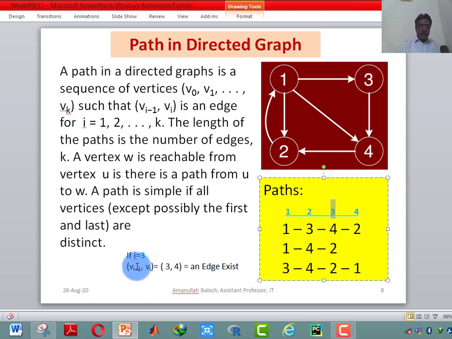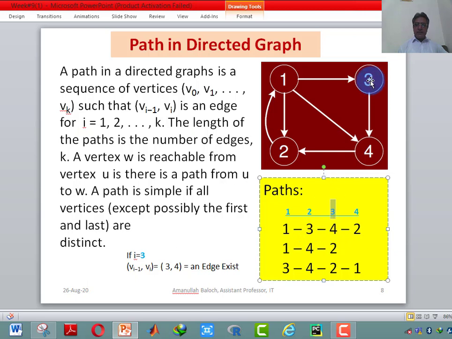Here i is 3, so we put 3 here and 3 here. This will become 3 minus 1, that is 2, and 3. So 2 to 3. From V2 to V3, in this case this is V2 and this is V3.